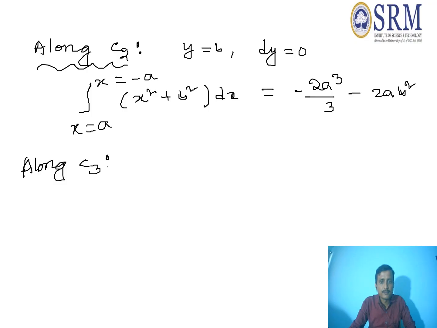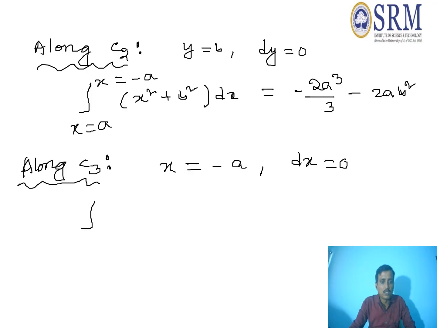Okay. So similarly along C3, along C3 what you are getting, look at the graph, x is equal to minus a, then what is dx? If you do the derivative it will be equal to 0. So substitute these two values in that dot product.